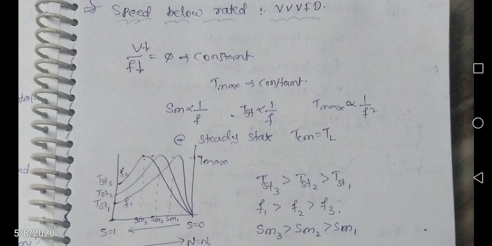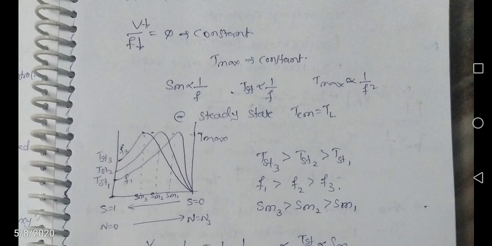Voltage and frequency are decreased, flux is constant, T maximum is constant. Maximum slip Sm is proportional to 1 by F, Tst is proportional to 1 by F, and T maximum is proportional to 1 by F square.